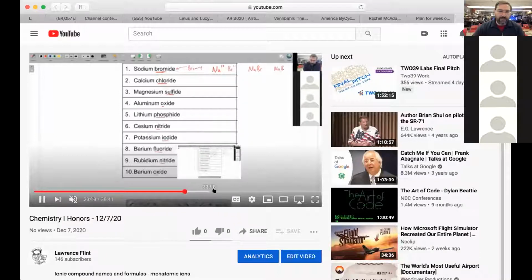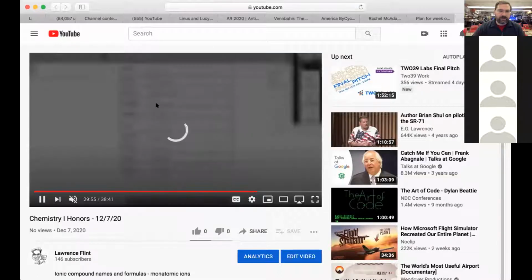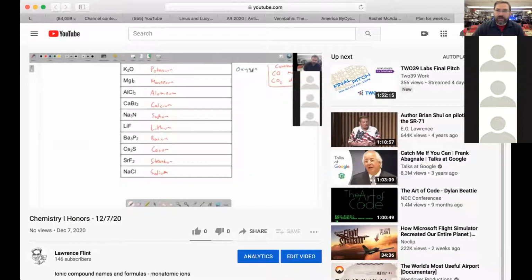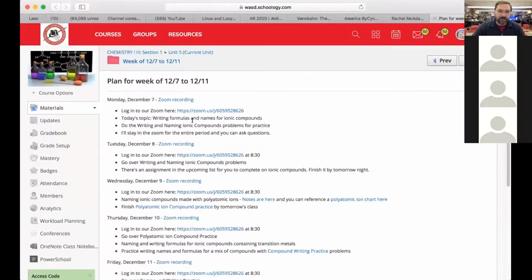And then similarly, there's a list of equations, and we wrote the names of the compounds based upon the chemical formula. First I listed all the metals, just the straight up names of the metals from the periodic table that are listed first, and then show how you change the end of the name. So every single day, they're all here.